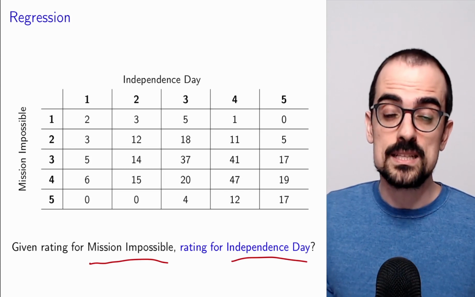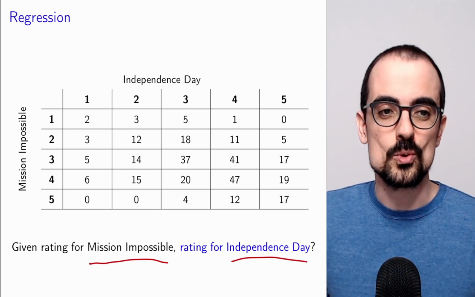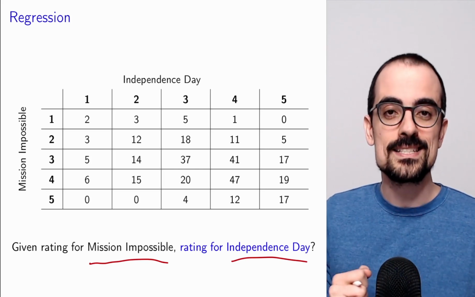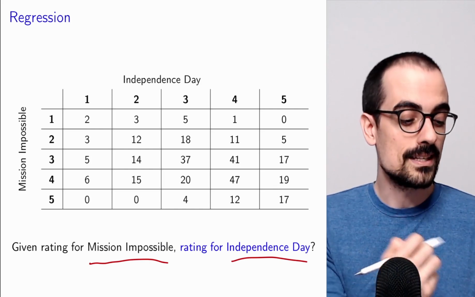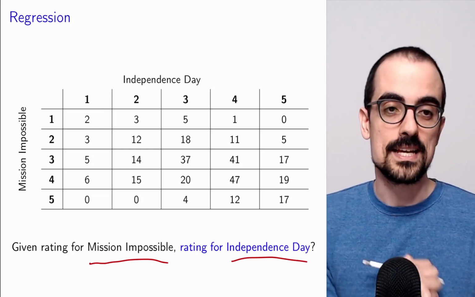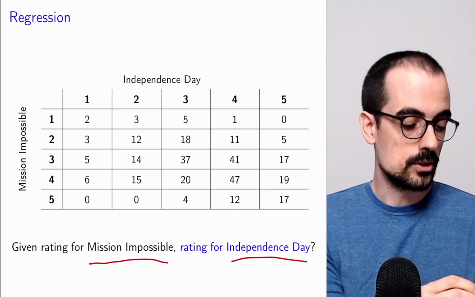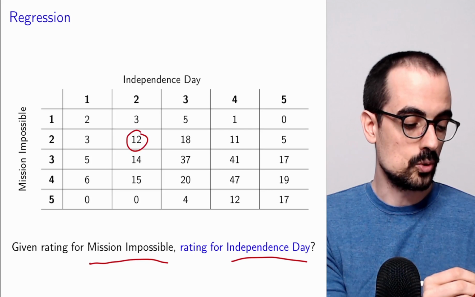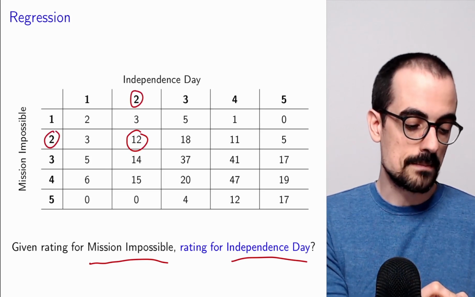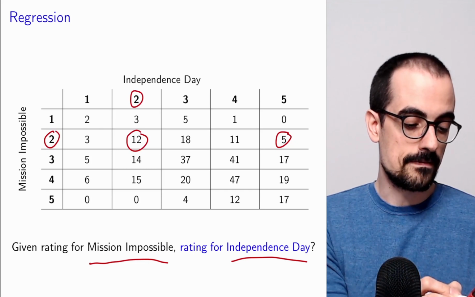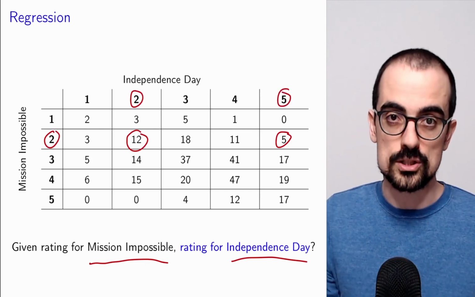The type of data that we would have would be joint samples from these two random variables. In this case, for other users, we would observe what ratings they gave to Independence Day and Mission Impossible. So here I'm showing you some examples. There were 12 users that gave a 2 to Independence Day and a 2 to Mission Impossible. There were, for example, 5 that gave a 5 to Independence Day and a 2 to Mission Impossible, and so on and so forth.